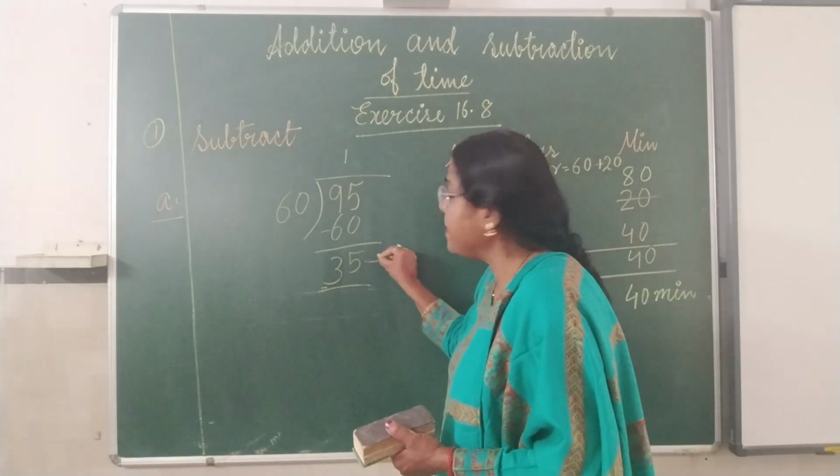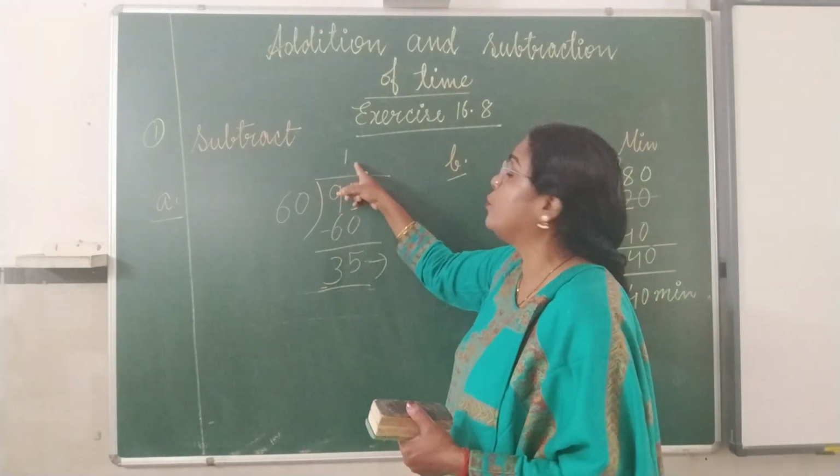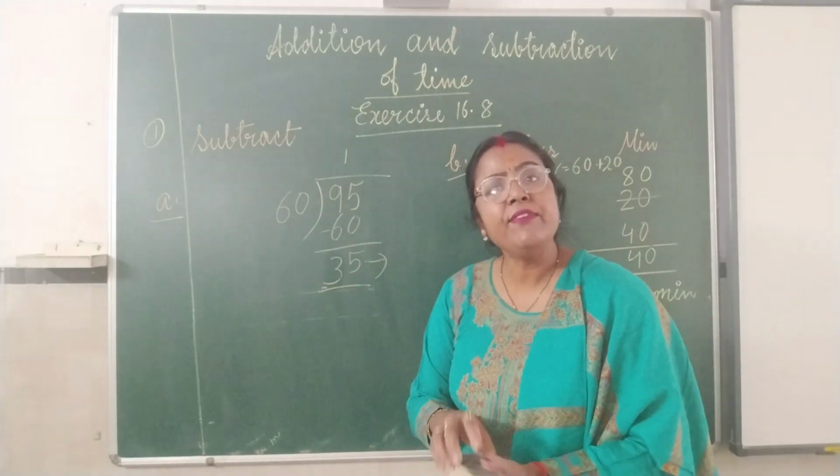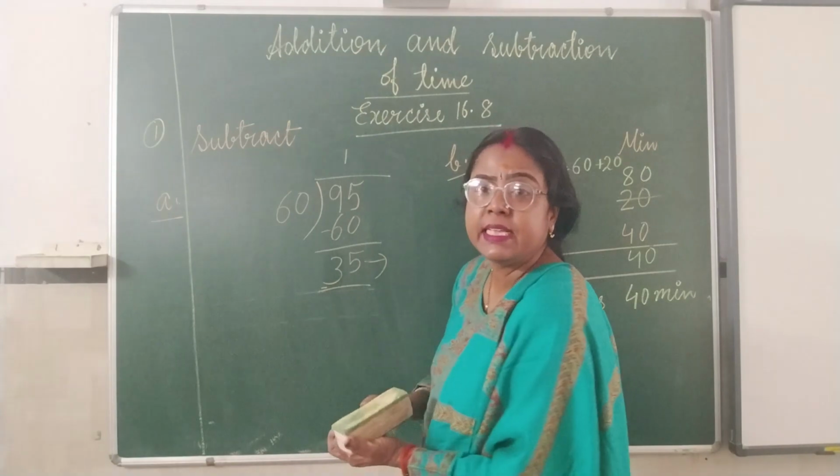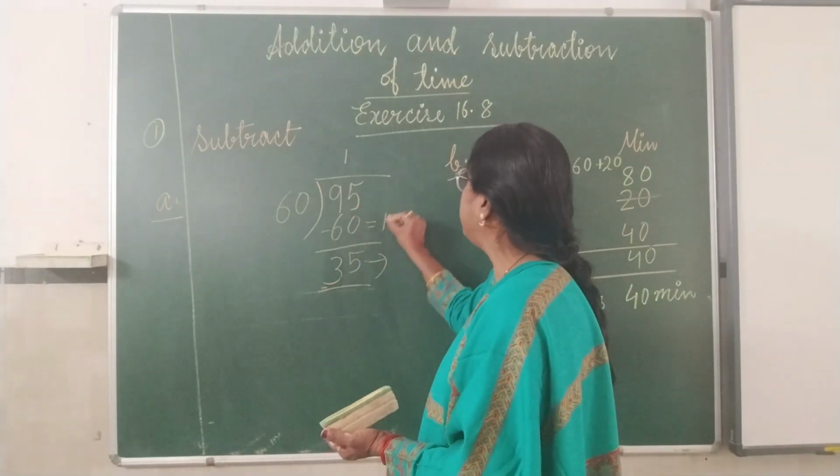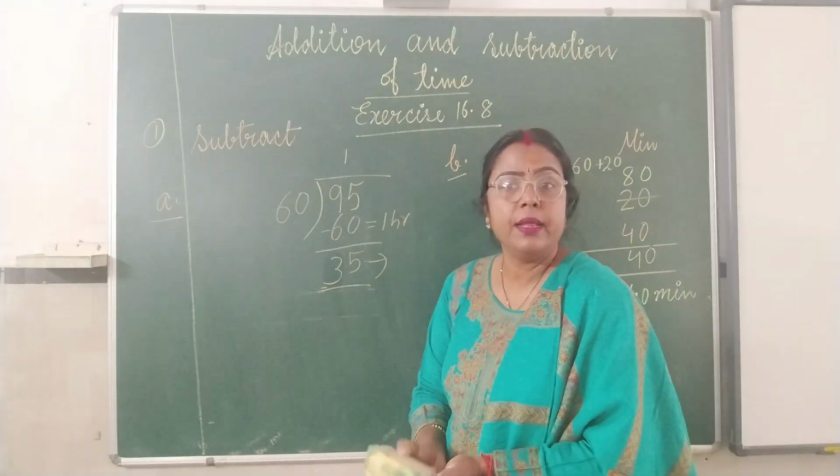So whatever the remainder is, it is the smaller unit. Whatever the quotient is, it is the higher unit. The same thing we did when we subtracted 60. It means we are going to carry over 1 hour. Understood?